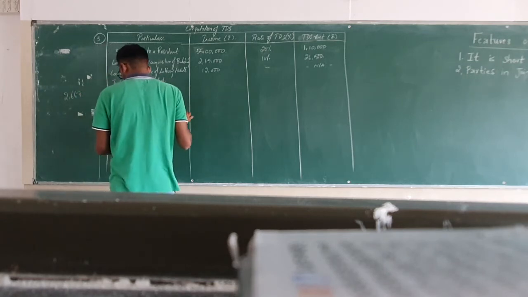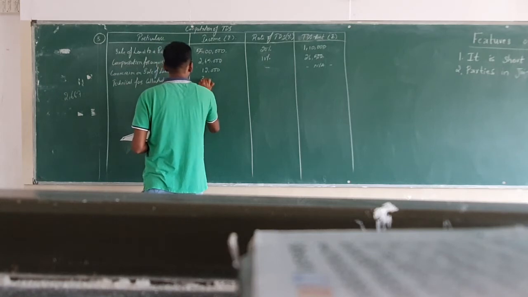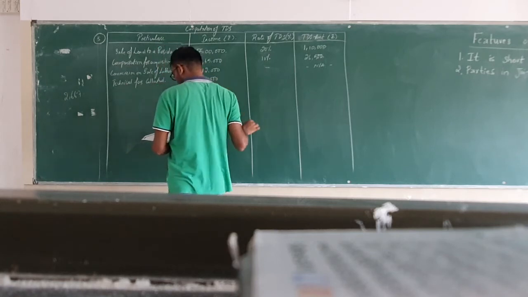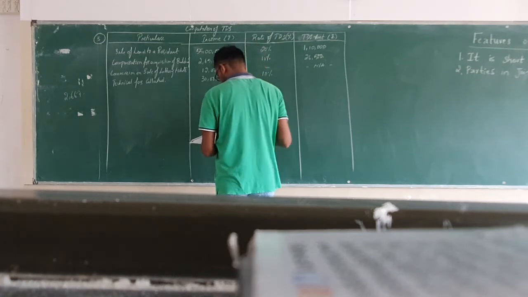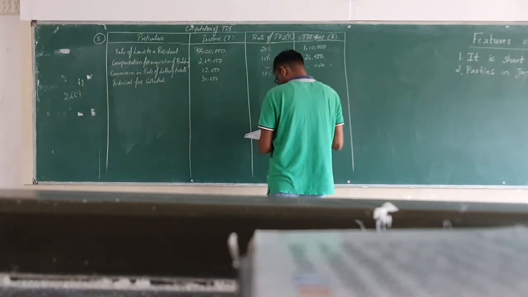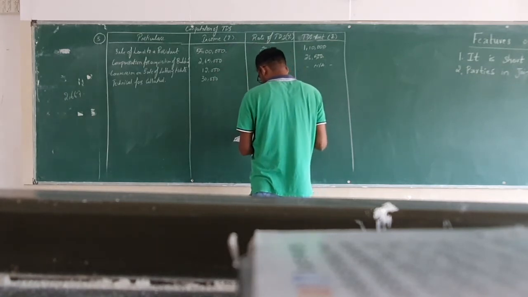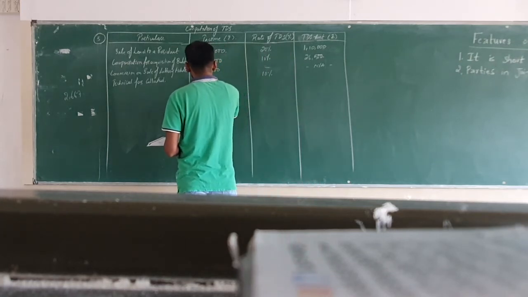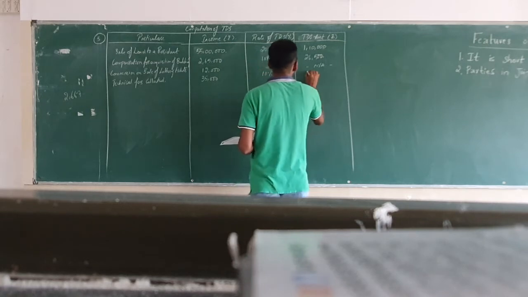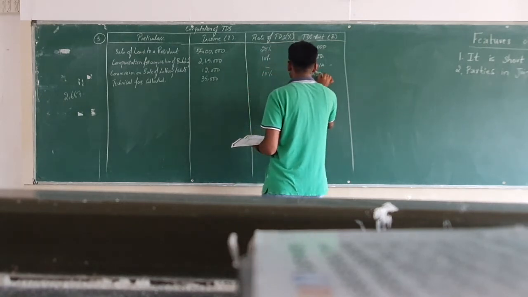So what is the amount? Technical fees is 35,000 and the rate of TDS is 10%. So 10% on 35,000 will be 3,500 rupees.